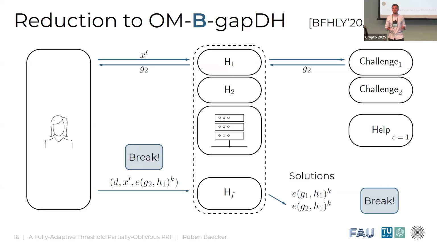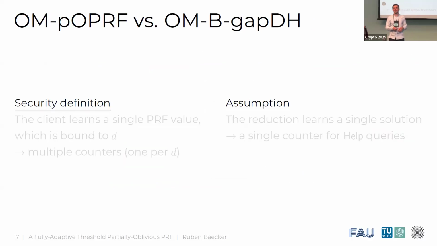But actually, there is a gap in this proof, because we have two different kinds of one-more assumptions. So for the security definition of a partially oblivious pseudorandom function, as we said before, the client learns a single PRF value, which is bound to the domain.